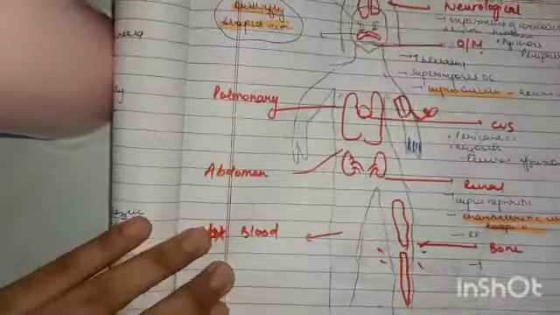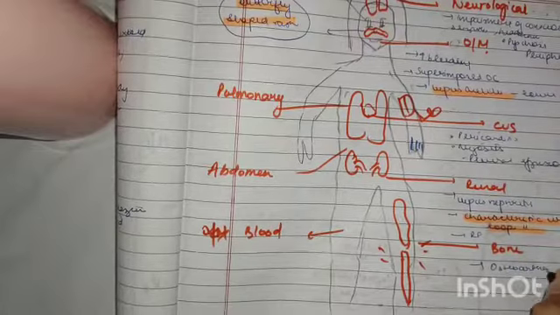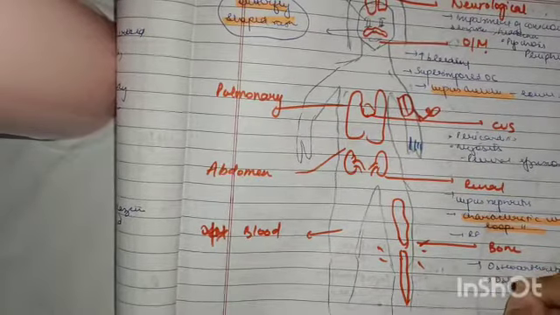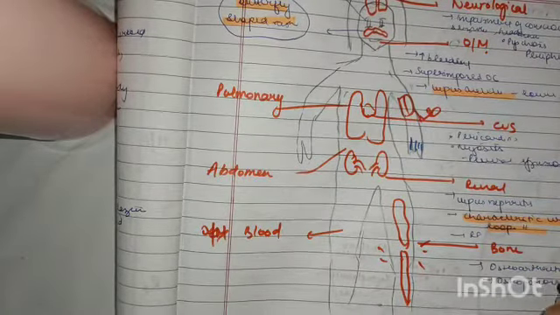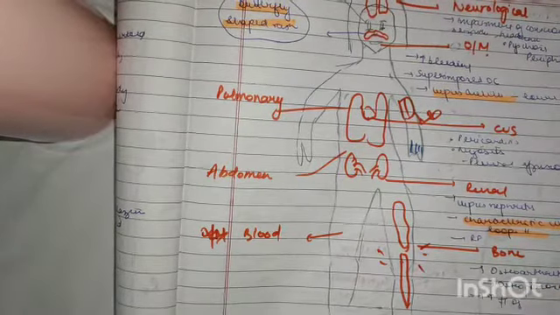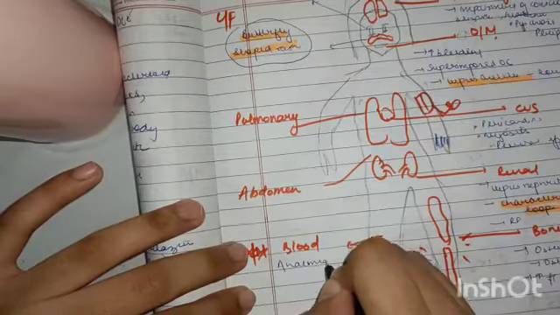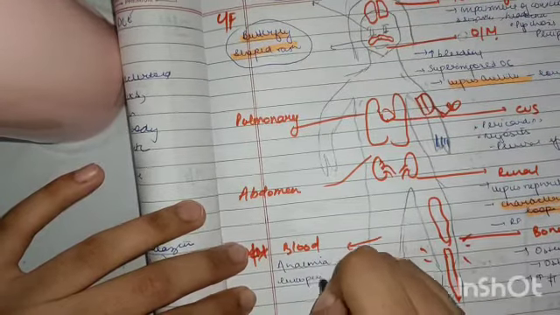Then in the bone, you will see osteoarthritis, osteoporosis in 90% cases. Then there is increased frequency of fracture, right? Then in blood, you will see anemia. Also, there is going to be leukopenia. Now, why did I draw this?